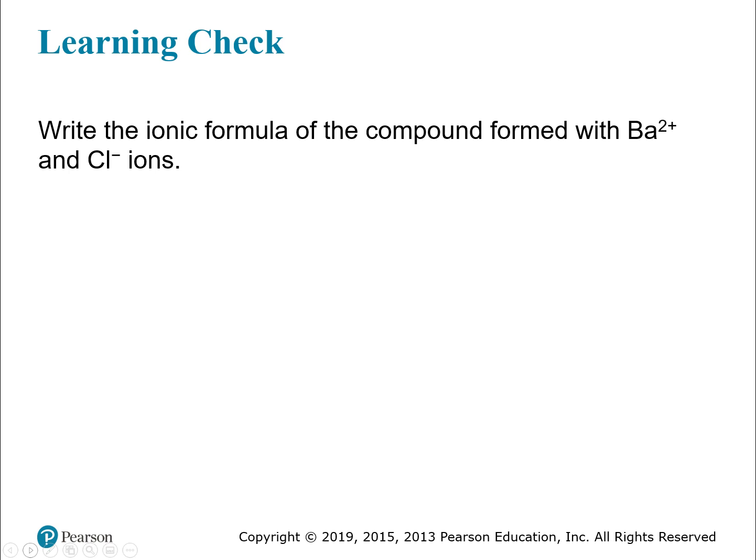So let's write the formula for a compound with barium 2+ and chloride ions. If you're a visual person, this will help you. So that is the Lewis structure for the barium ion.